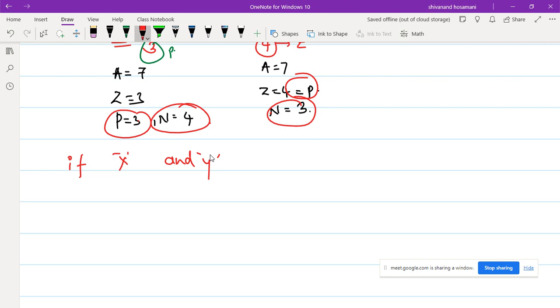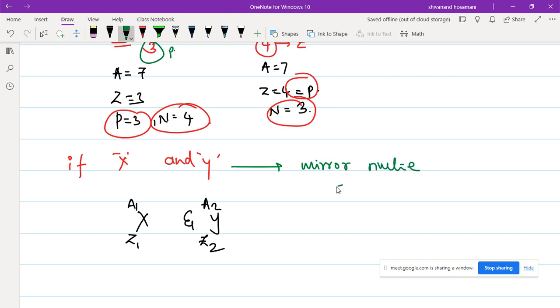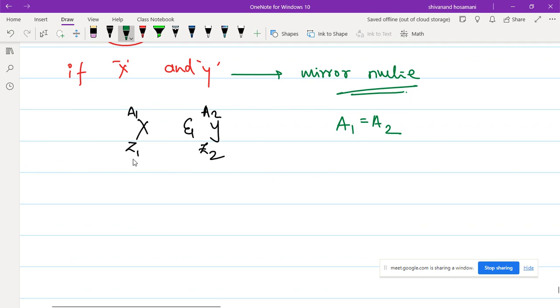Let us define X as the nucleus with mass number A1 and atomic number Z1. Similarly, Y has atomic number Z2 and mass number A2. If X and Y are mirror nuclei, the atomic masses should be the same, and Z1 minus Z2 will always be plus or minus 1.